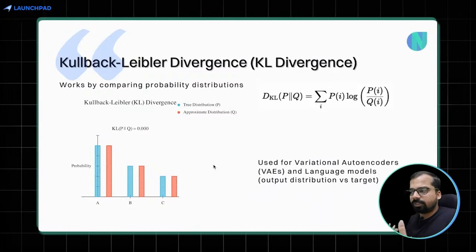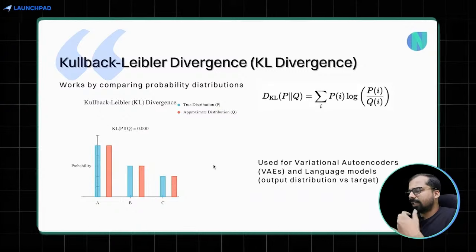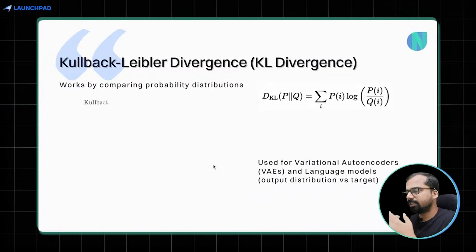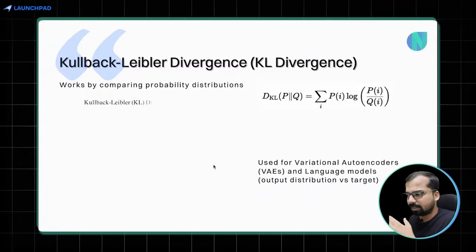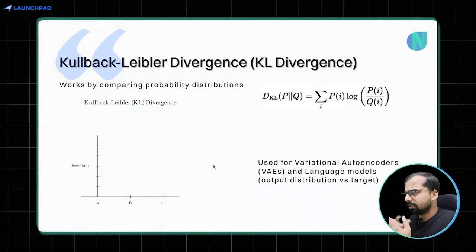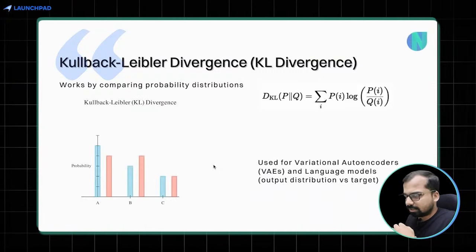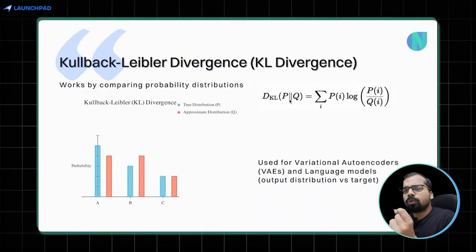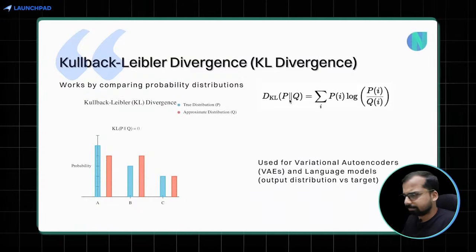We will not go into depth, but you must be aware that during the reinforcement learning part of LLMs, or in variational autoencoders, which are a branch of somewhat sophisticated deep neural networks, KL divergence is used. KL divergence here is basically to get how close two probability distributions are.